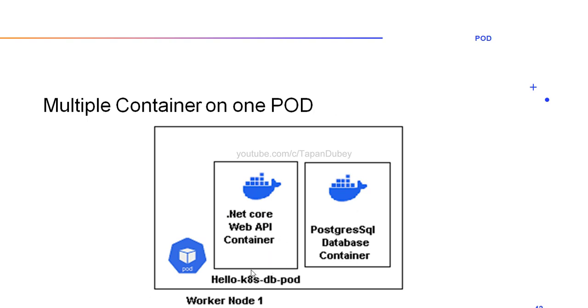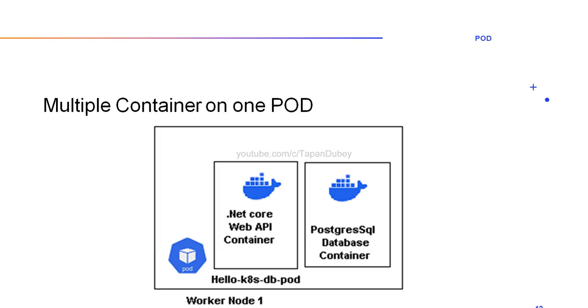And here in the image you can see that this is hello k8s DB, one pod, and under this pod we have two containers. One is for web API and the other one is for postgres. We will create this, and we will see what challenges we face with this approach, and then we will see the possible solution for that.